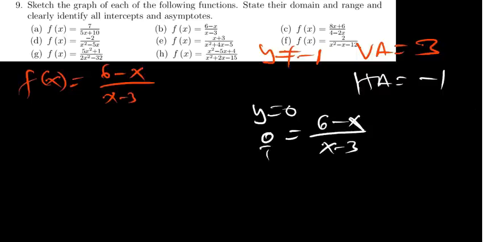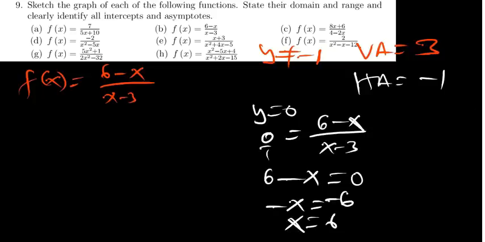Here I divide by 1, so I cross multiply. 6 minus x is equal to 0, because if I do 0 times everything here it is going to give me 0, and then I'm going to have negative x is equal to negative 6. Negative negative will go, x is equal to 6.